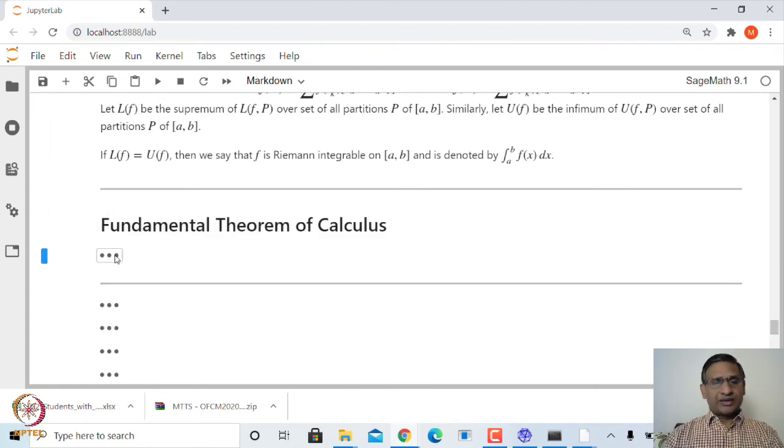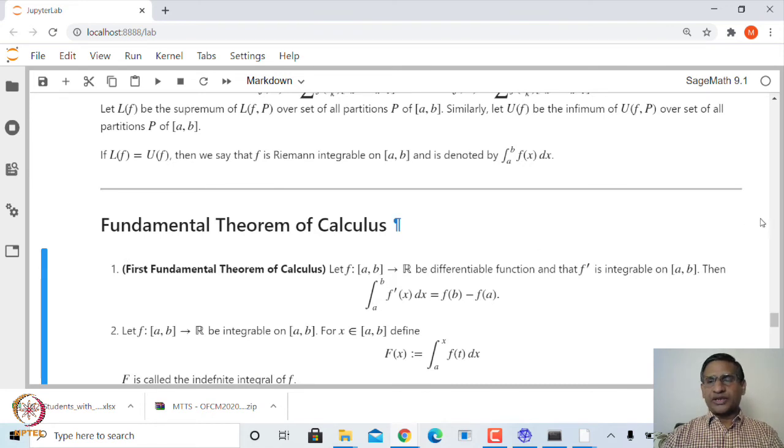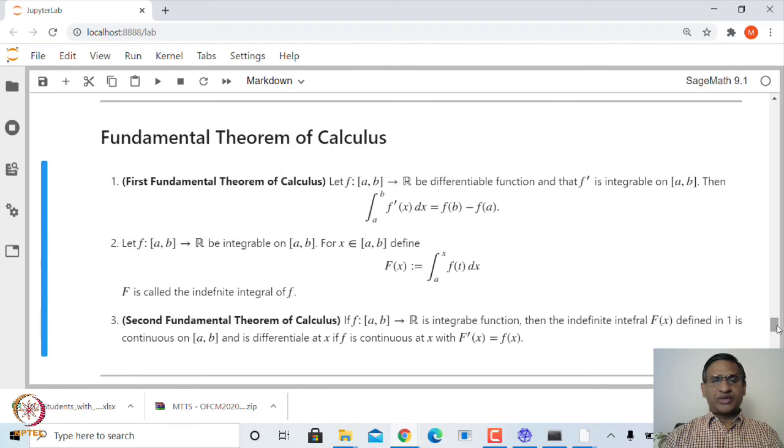Next, let us look at the fundamental theorem of integral calculus. The integral which we find is actually based on these two fundamental theorems. It says that in case the function is differentiable and at the same time f dash is Riemann integrable, then the integral of f dash x dx from a to b will be nothing but f(b) minus f(a).